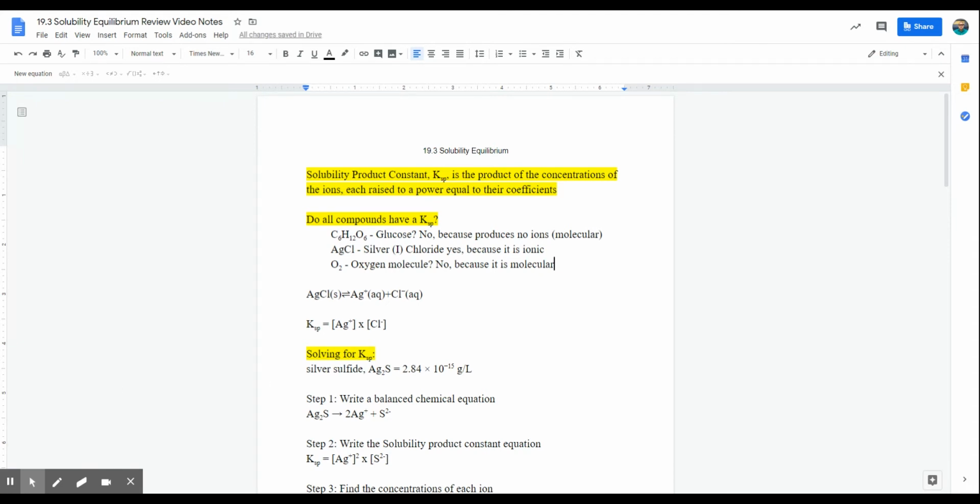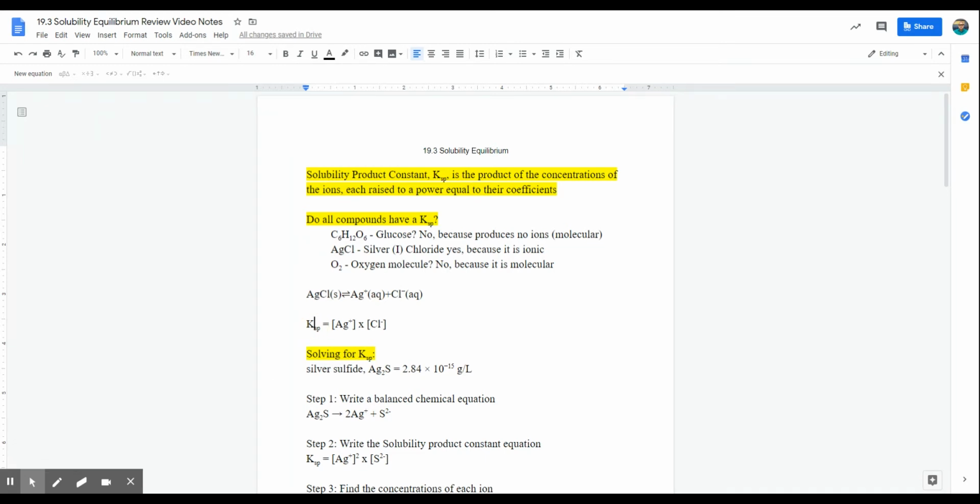All right, so let's look at what it looks like for the silver chloride, silver 1 chloride. Since this has to do with producing ions, if you take silver chloride and put it in water, so aqueous, it will dissolve into silver 1 ion and a chloride 1 ion.